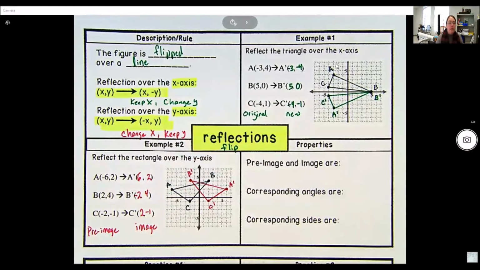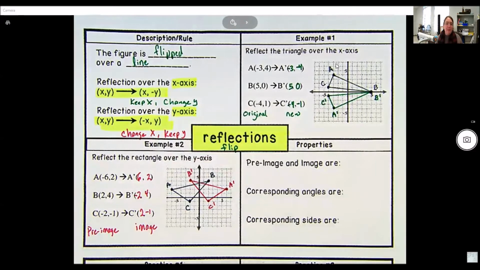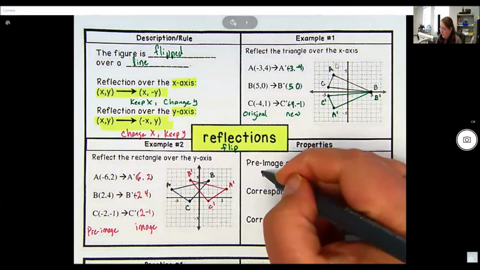Now I want you to notice between the pre-image and the image, the shape didn't change. The distance between the points didn't change at all. All of the angles stayed the same, and all of the sides stayed the same length. So the pre-image and the image are congruent.